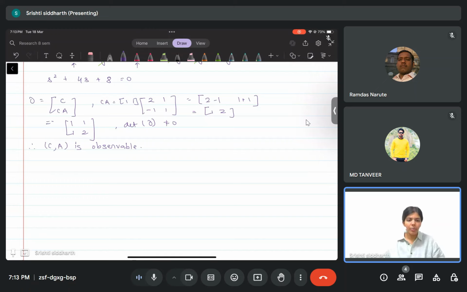Alright, so this means that we can place the eigenvalues of A minus LC or A plus LC at the desired locations. Let's say that we are considering A minus LC. This is going to be 2, 1, minus 1, 1, plus L1, L2, times 1, 1.